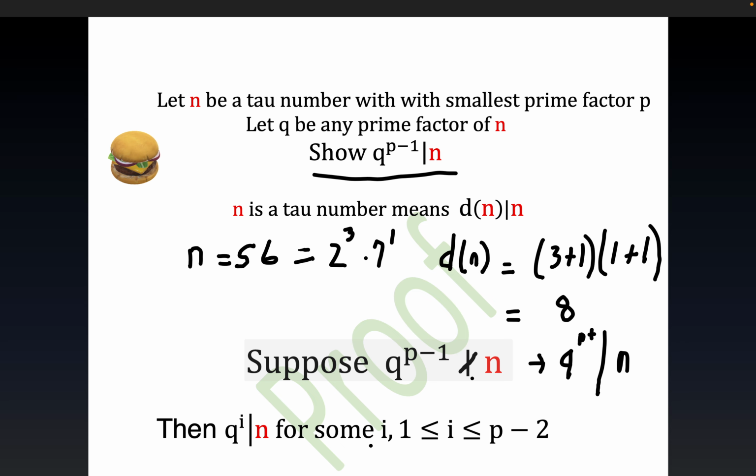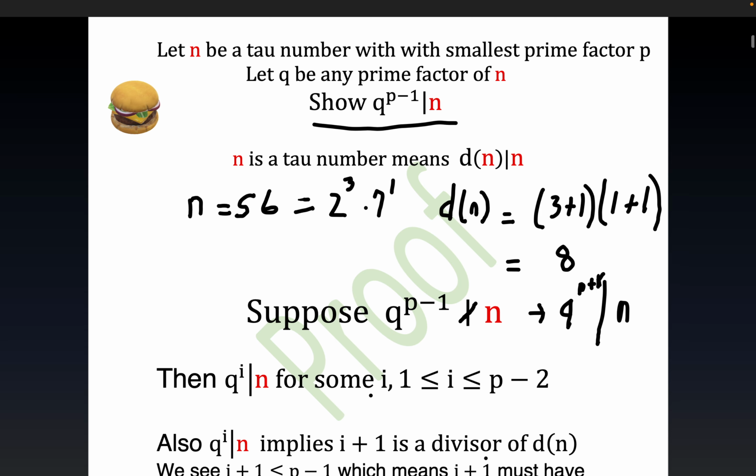Because of the transitivity of divisibility, if this doesn't divide it, none of these can. You can't go for any higher exponents, because that would allow q to the p minus 1 to be a divisor of n also by transitivity of division, okay? So these are your possibilities right here. i is trapped between 1 and p minus 2, all right?